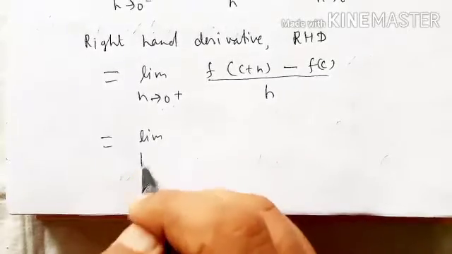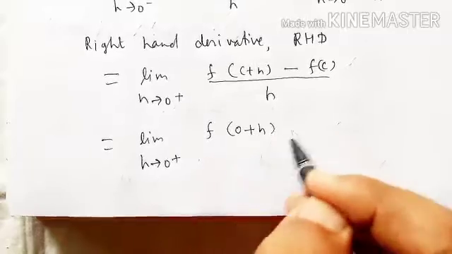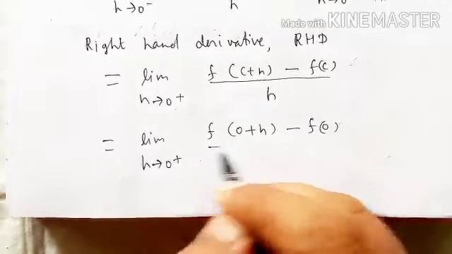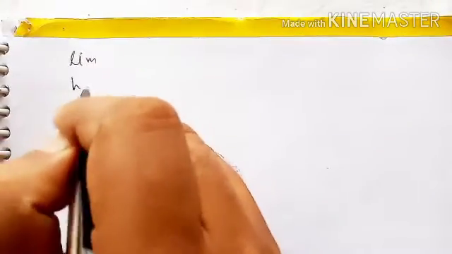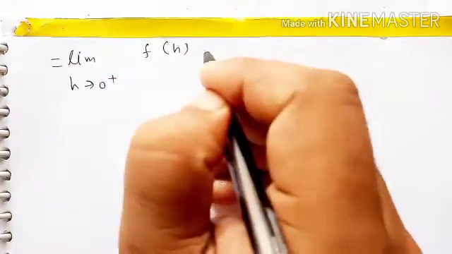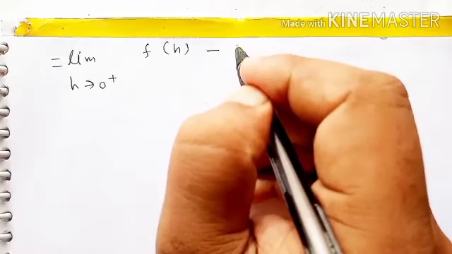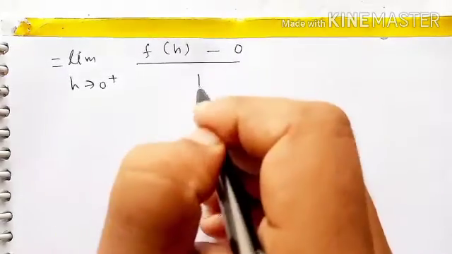Limit h tends to 0 plus of f(0 plus h) minus f(0) by h, which is limit h tends to 0 plus of f(h) minus f(0), and f(0) is 0, by h.